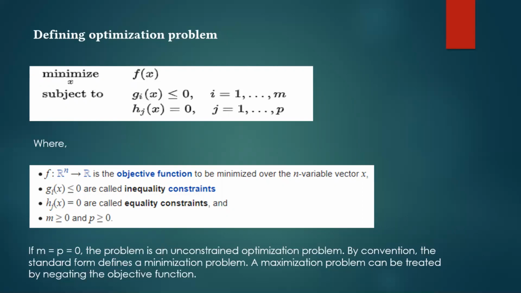Once you define your objective function and your goal, minimization or maximization, it will have some functional constraints with it. In this case, gi of x less than or equal to 0 and hj of x equal to 0 are shown. These two are the functional constraints. You can say gi of x is an inequality constraint, and hj of x equal to 0 is an equality constraint, based on the operators we have used here.